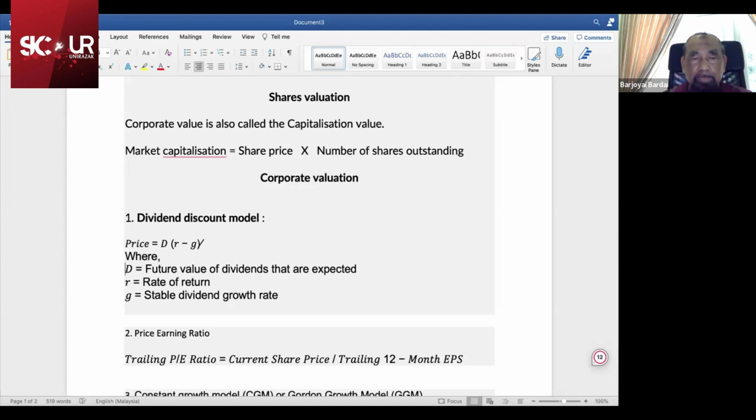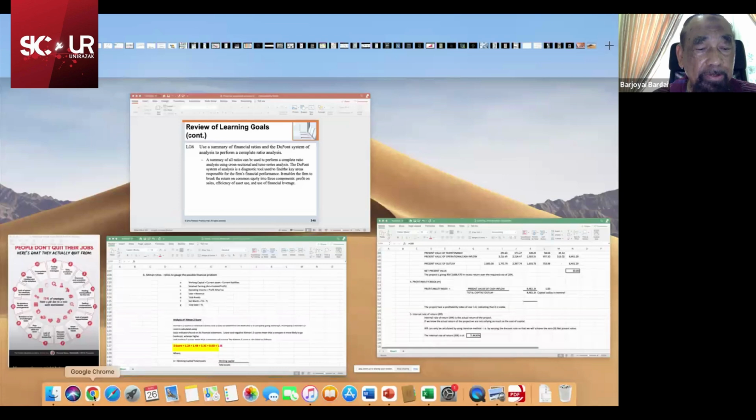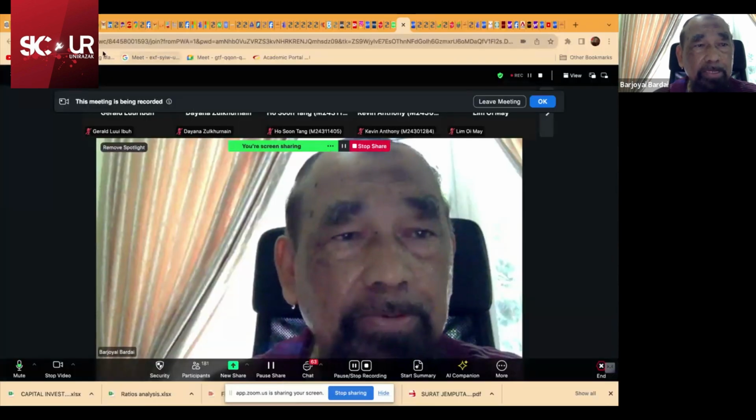So there are several methods that we have discussed last week. The first method is called the dividend discount model, and the dividend discount model is essentially: price or share price is equal to dividend divided by rate of return minus G. This is actually from your notes, if you recall what we discussed last week.